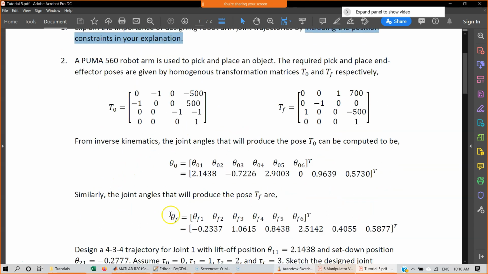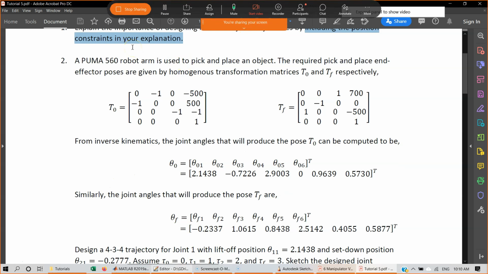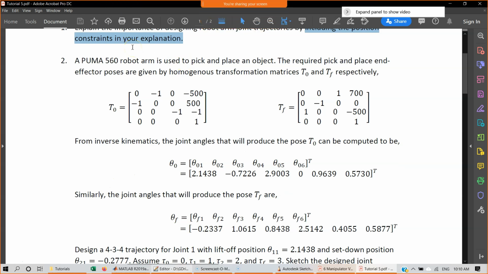All right, question number 2. A Puma 560 is used to pick and place an object. The required pick and place end effector poses are given by HTMs T0 and TF.